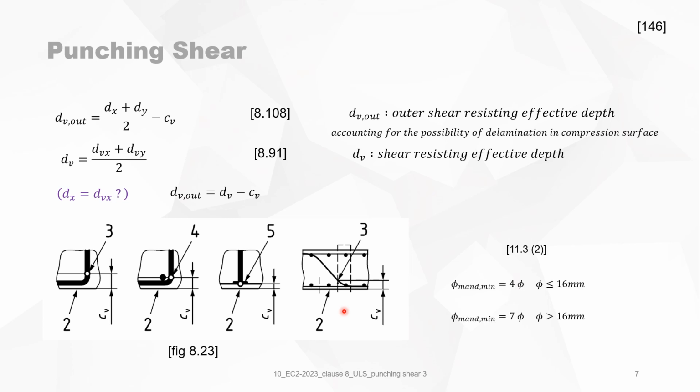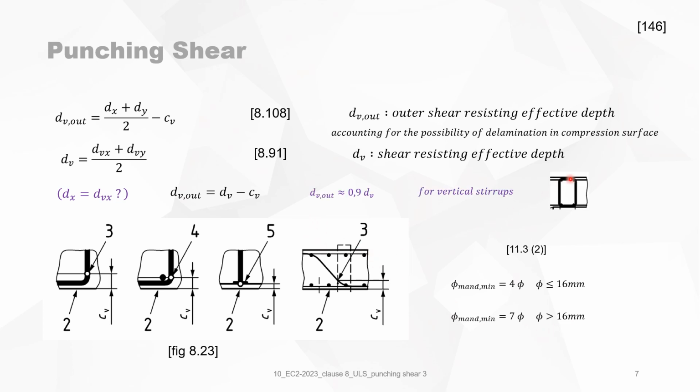I've made first something else. The radius, of course, of the bend in the stirrup has to do with the mandrel diameter, and you see that it depends, of course, on the size of the stirrup. It's 4 times the size of the stirrup, or 7 times the size of the stirrup. So cv can be a relatively large number if you have diameter 16 or more.